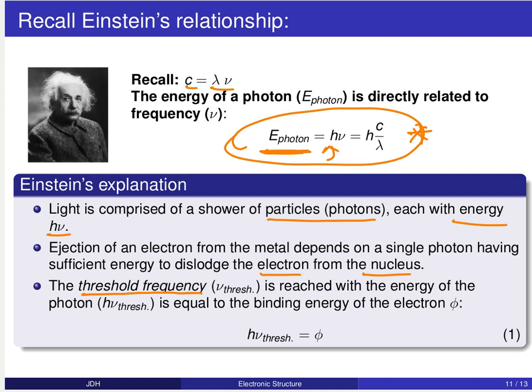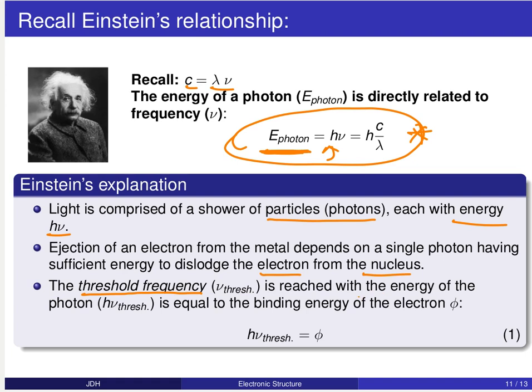Right? So until you have light of sufficient energy, related up here, E equals h nu, to a threshold frequency, and once you reach this threshold frequency, then you have photons that have sufficient energy to basically start kicking out electrons.